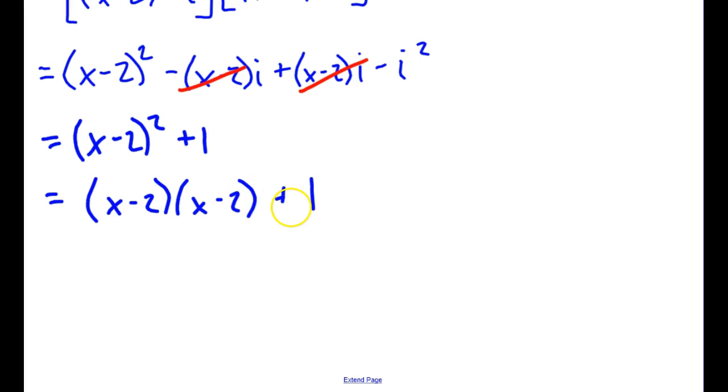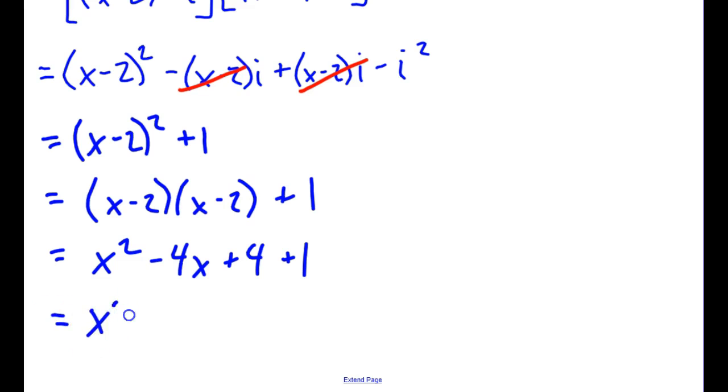Again, using the FOIL method, x times x gives x squared, minus 2x, minus 2x, plus 4, plus 1. Combining like terms, we get x squared minus 4x plus 5.